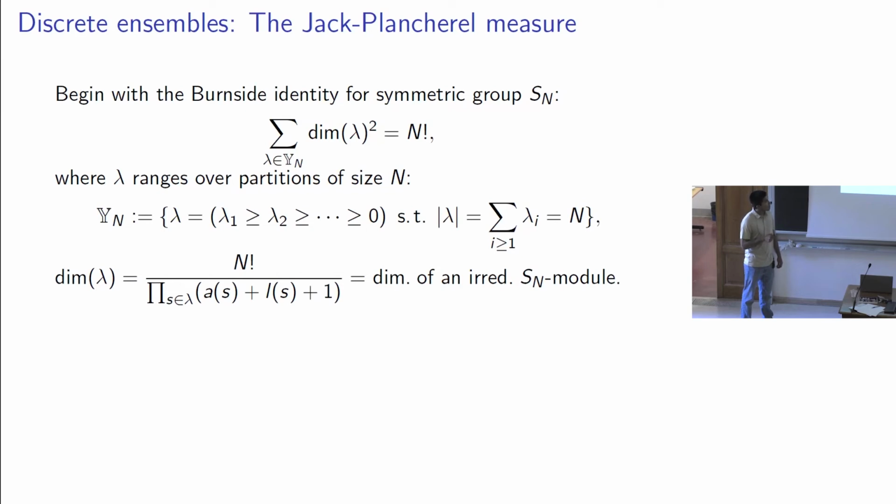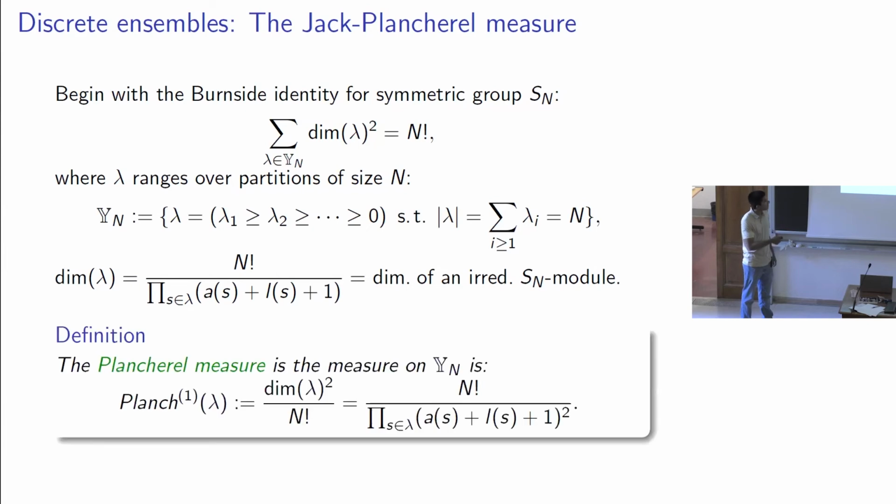What I will do is divide both sides of this equation by n factorial. On the left side I have a sum of numbers, and on the right side I will have just one. That gives me a probability measure, which is the Plancherel measure. The Plancherel measure is a probability measure on partitions of size n, given by this formula: dimension squared divided by n factorial.